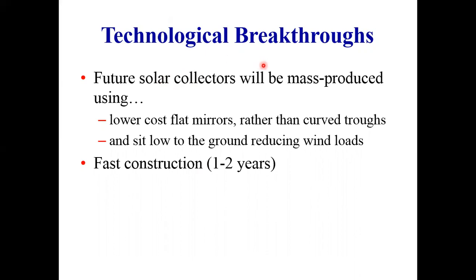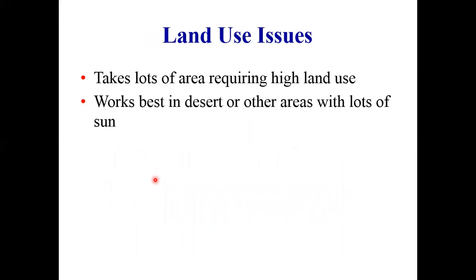And for technological breakthroughs, if we look at future solar collectors, they will be mass produced, so that we will get lower cost flat mirrors rather than curved troughs, and they will sit low to the ground, reducing wind loads. Fast construction will happen, in 1 to 2 years.